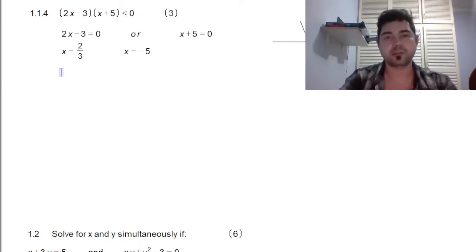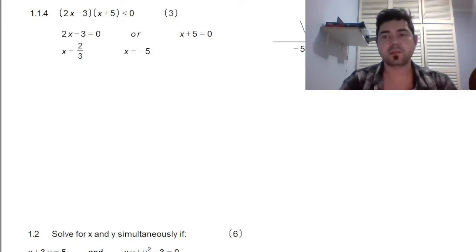What we've just found are the roots of the parabola. So we have found this root over here, the negative 5, and we've also found this root, the 2 over 3.